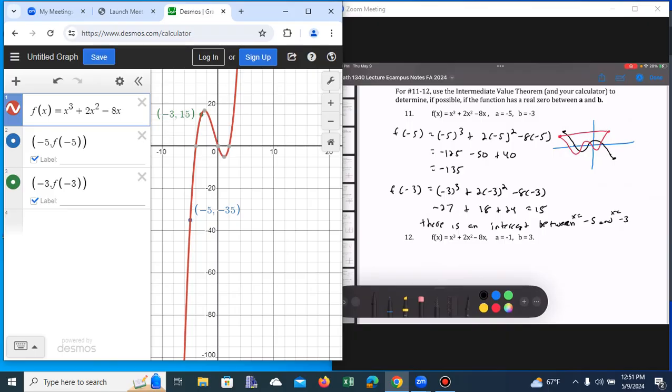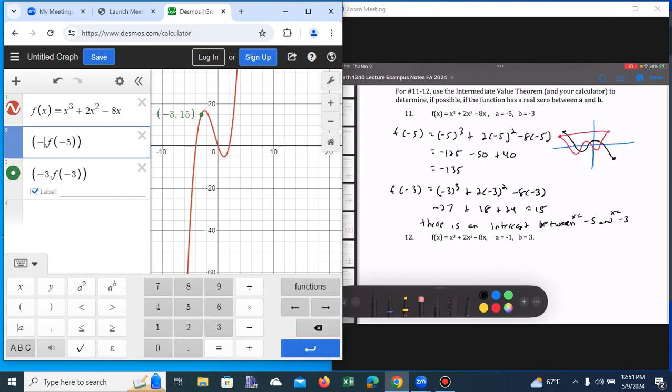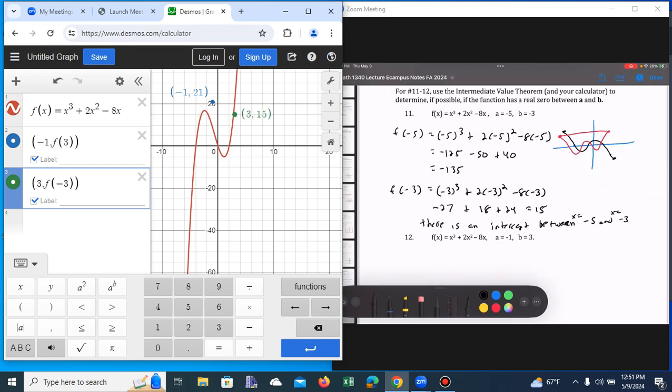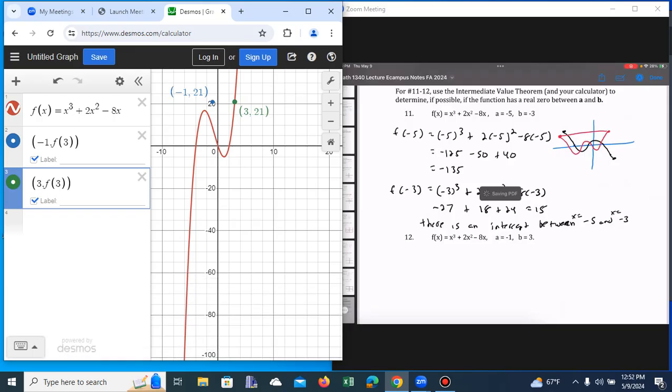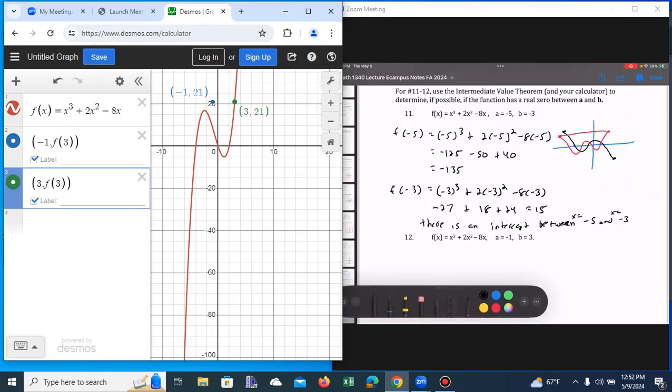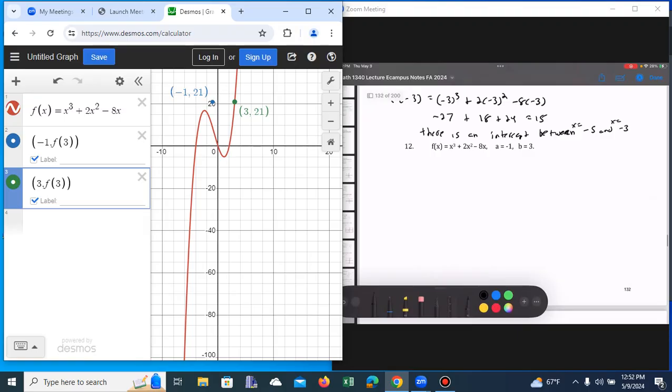We can do the next one, x cubed plus 2x squared minus ax, with -1 and 3. f of -1 gives you 21.